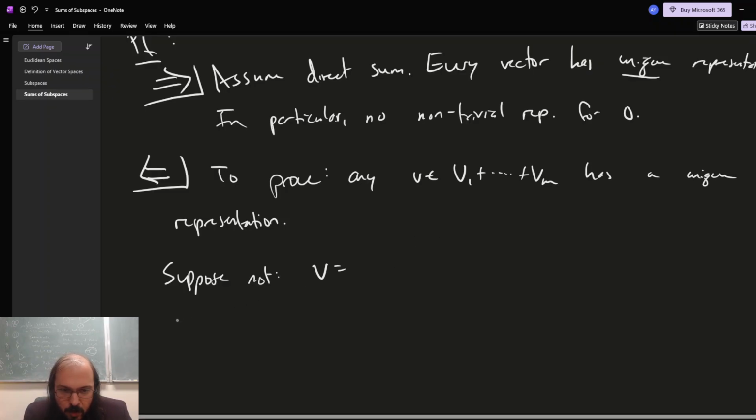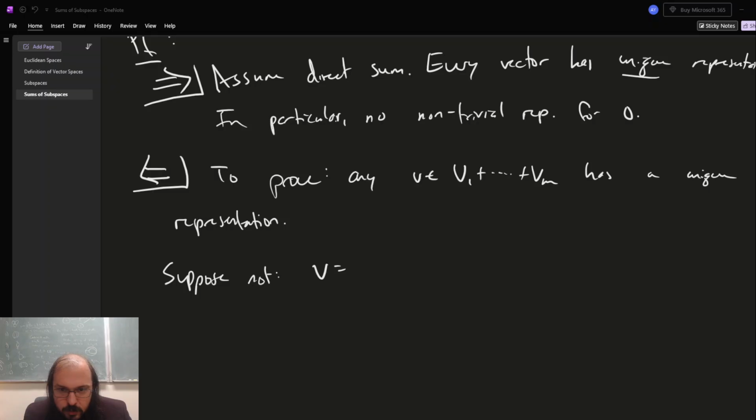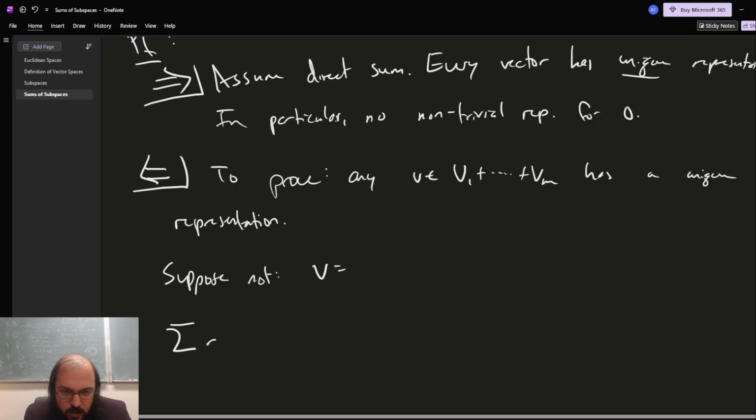At this point in time, I want to introduce some notation. Let's do it. We're going to use big sigma notation. Sigma of a_i v_i means add up some a_i's times some v_i's. The a_i's are numbers, the v_i's vectors.